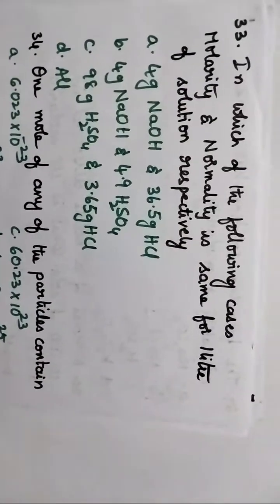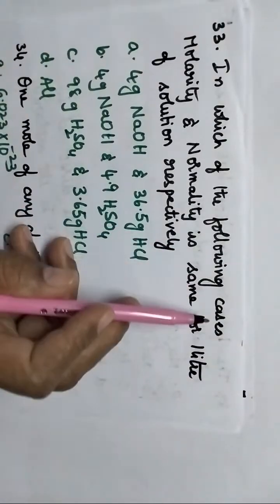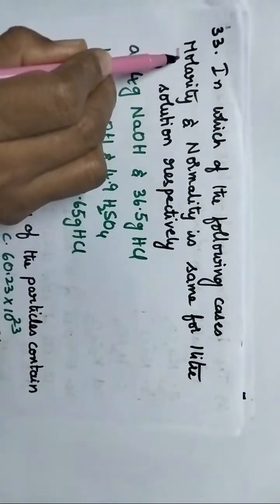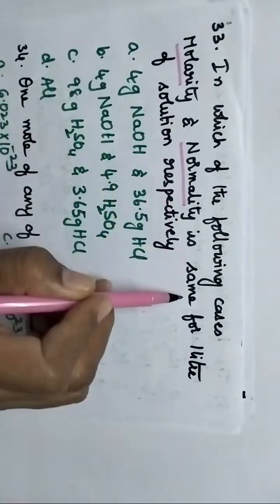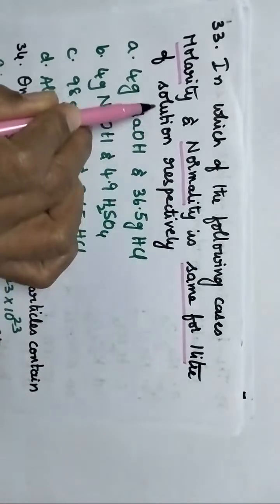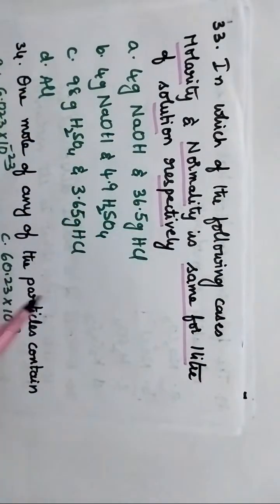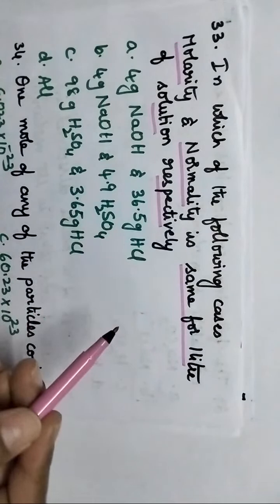Next we will discuss the next question. In which of the following cases, be careful, is molarity and normality the same for 1 liter of the solution respectively? In all these options, two solutions are there.